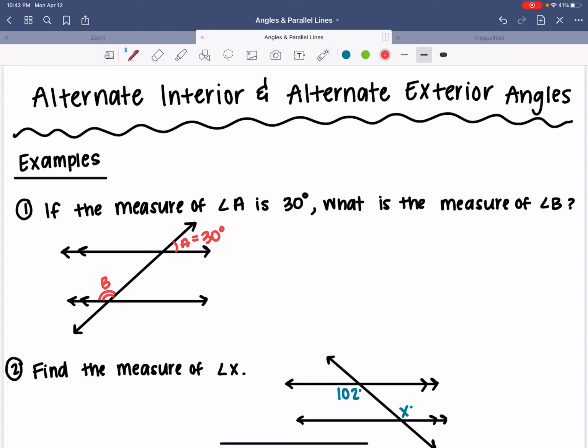So if angle A is 30 degrees, then this angle here, I'm going to use 3 marks, that would be whatever 30 plus this number would have to be 180. So this would have to be 150 degrees. So if that's 150 degrees, this is an alternate interior angle to angle B. Those would be congruent. So angle B would have to be 150 degrees.